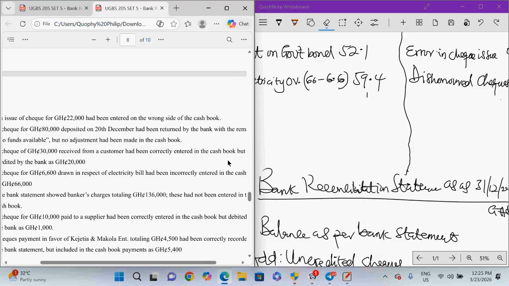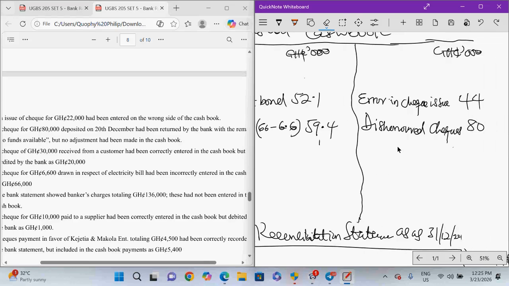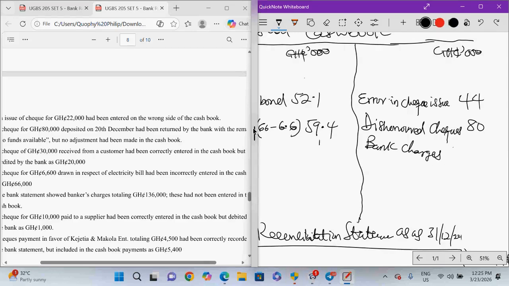Exactly. We enter it in the cash book. They say they've not entered it into the cash book. So what do we do to reconcile it? We enter it in the cash book, and it says what? Bank charges. Where do bank charges go? Credit side. Bank charges. It's a payment. So you go to the payment side, which is bank charges. Bank charges of how much?